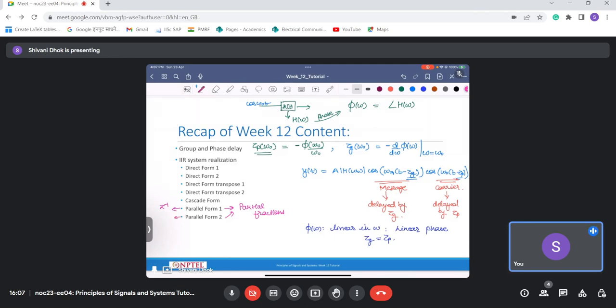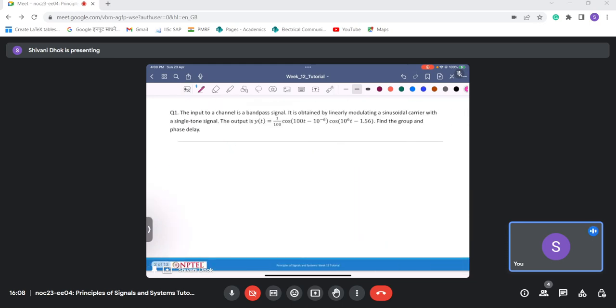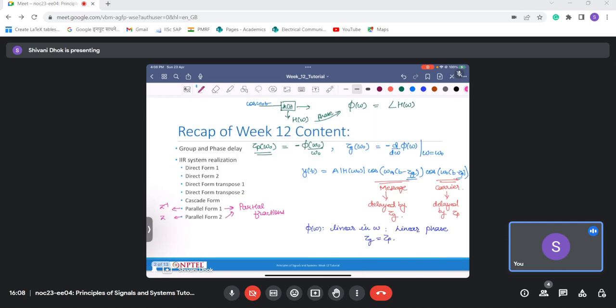And for parallel form 2, we find it in terms of Z. So this is the basic distinction between these two parallel forms. And to understand these concepts in a better way, let us consider some examples regarding it. If you have any questions regarding these topics, please let me know.